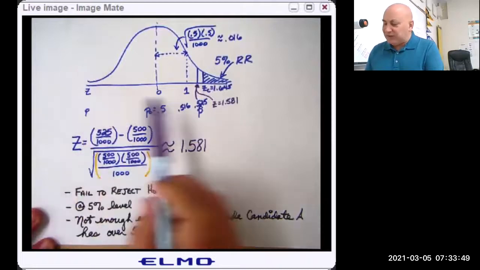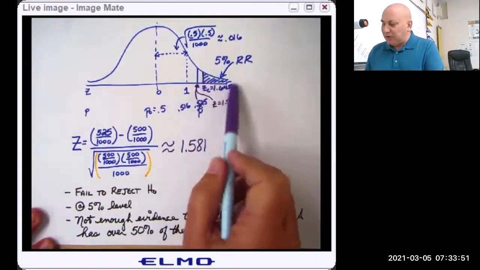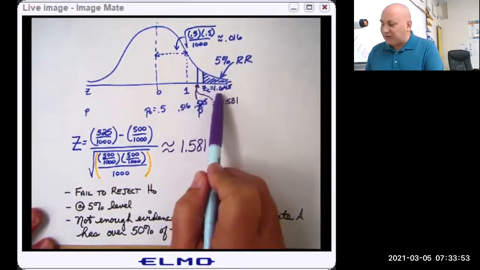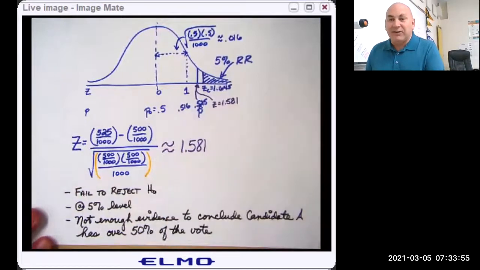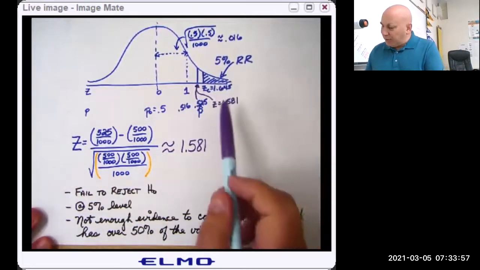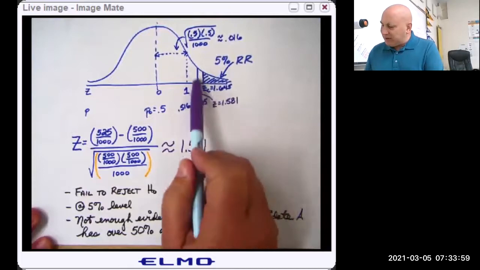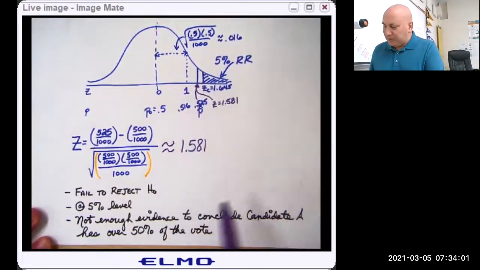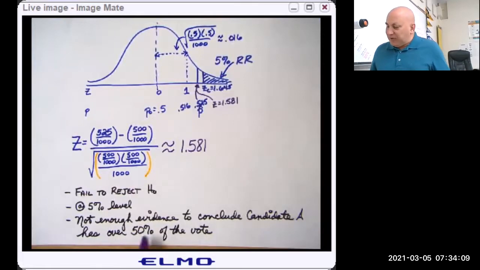We aren't interested in this tail, but we know that the 5% upper tail is at 1.645 standard deviations. Well, we're only at 1.581 standard deviations. So we fail to reject the null because we are not in the rejection region. We fail to reject the null at the 5% level. There is not enough evidence to conclude that candidate A has over 50%.